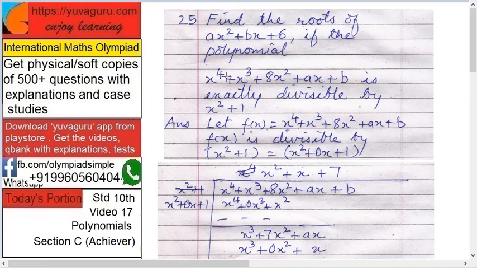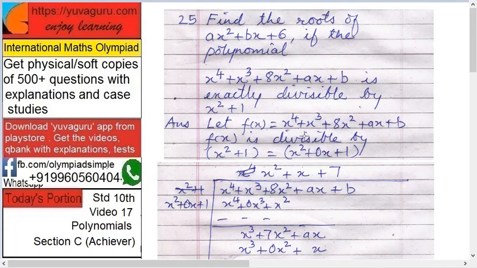See here, this full expression x raised to 4 plus x cube plus so on is divisible by x square plus 1. It's given, it's exactly divisible. It means whatever remainder will be there, that should be 0, and once you get the values of a and b, then you can input them in ax square plus bx plus 6, right? So first divide this with x square plus 1.